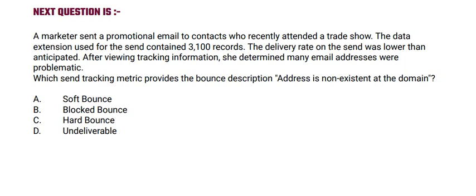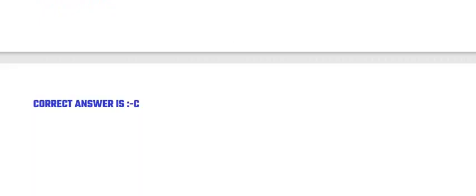Which send tracking metric provides the bounce description address is non-existent at the domain? Options are option A soft bounce, option B blocked bounce, option C hard bounce, and option D undeliverable. The correct option is option C.